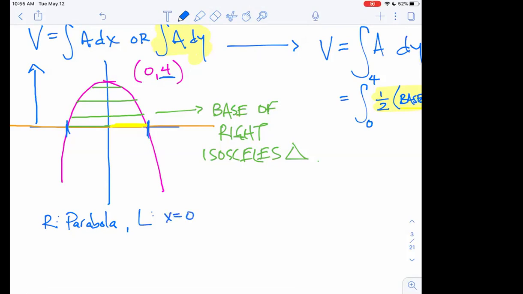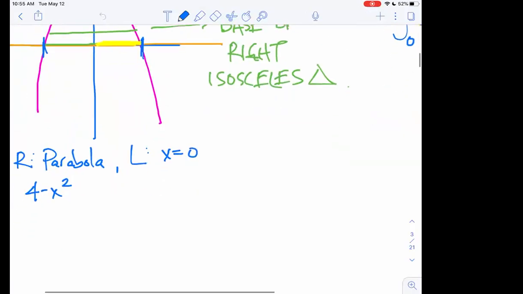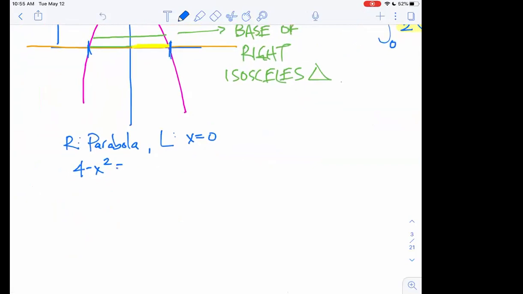Okay, that's another name for the y-axis. So my parabola is currently written like 4 minus x squared. But this is what y equals.